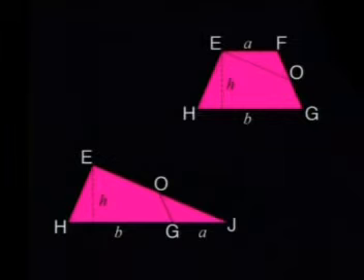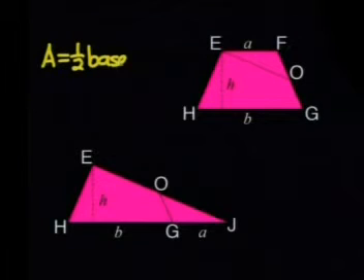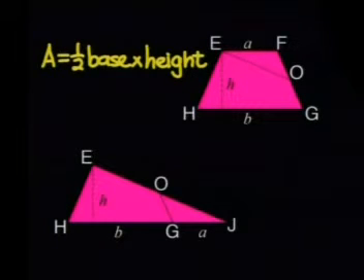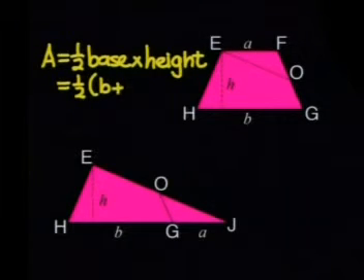So its formula is area is equal to half base multiplied by the perpendicular height. We know that the base of the triangle is made up of B plus A, so we can write half B plus A multiplied by the height.